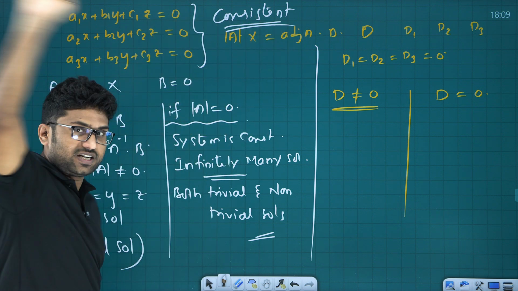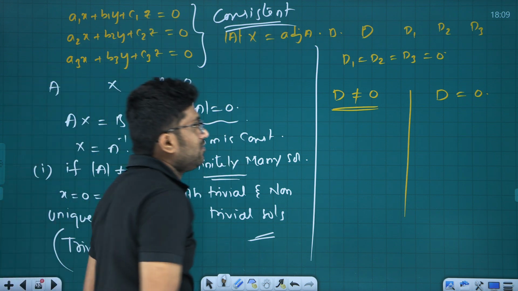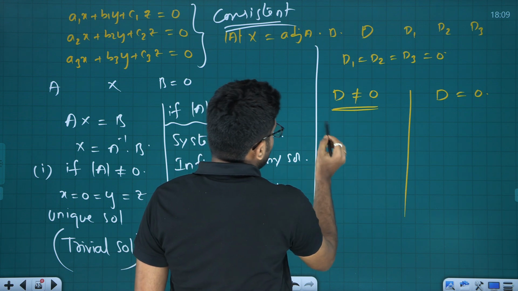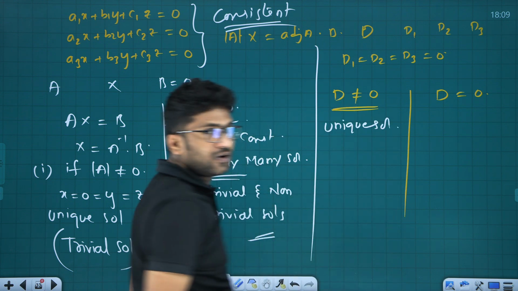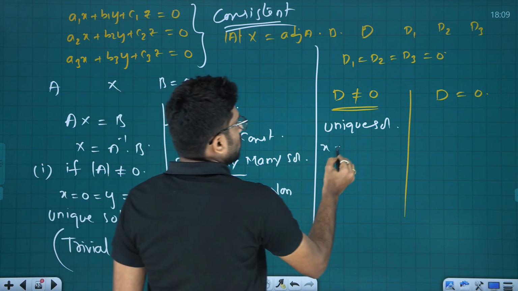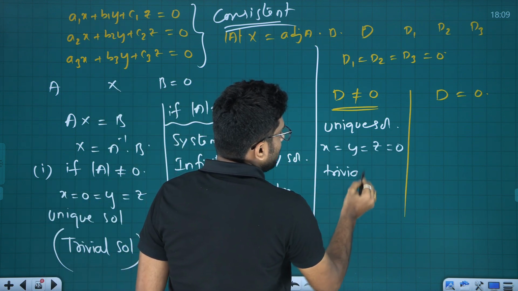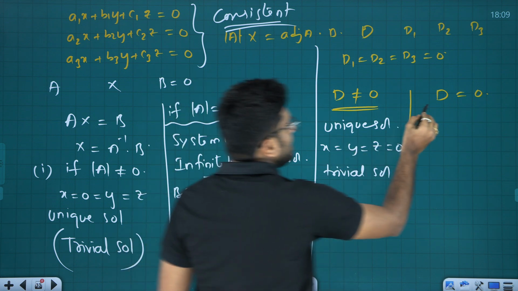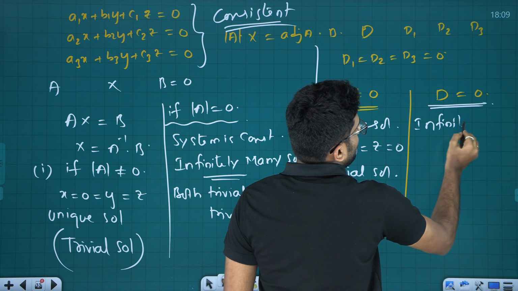Now the thing is whether it has a unique solution or infinitely many solutions, that we have to understand. So if D is non-zero, it has a unique solution. And what is that unique solution? That is x0, y0, z0, and this solution is called trivial solution. And if D is 0, friends, then it has infinitely many solutions.